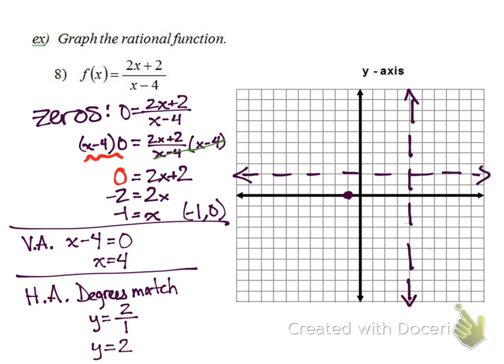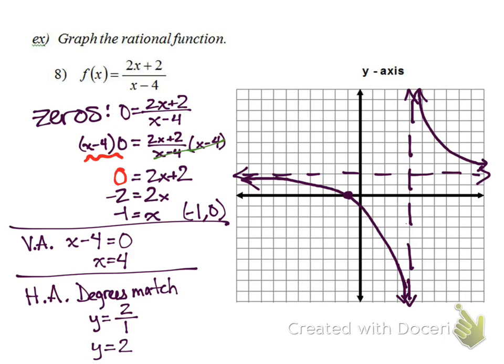The branch on the left is going to be close to this horizontal asymptote, go through our x-intercept, and approach the vertical asymptote. Close, but never crosses. Sort of a reflection of that, the other branch is going to be up here, and won't cross either set of asymptotes.